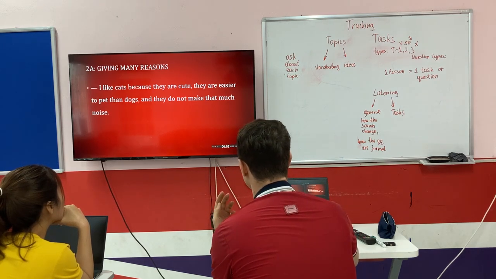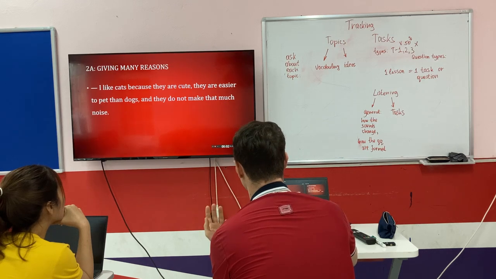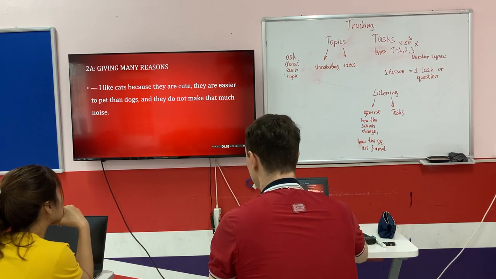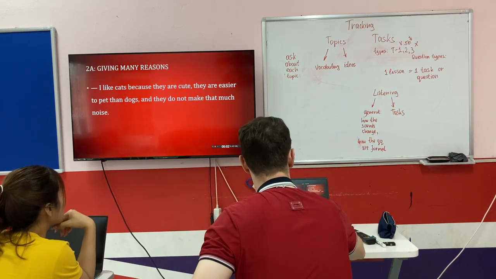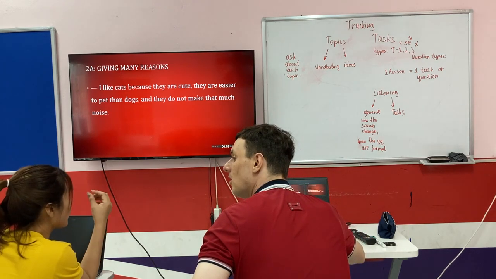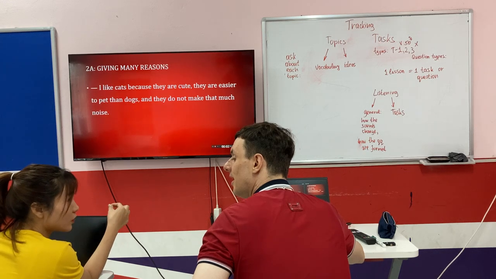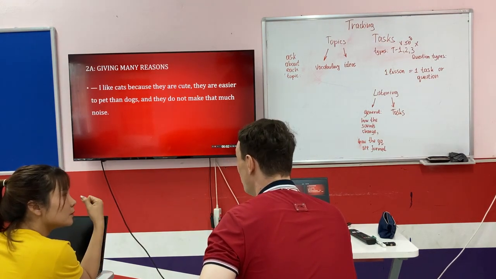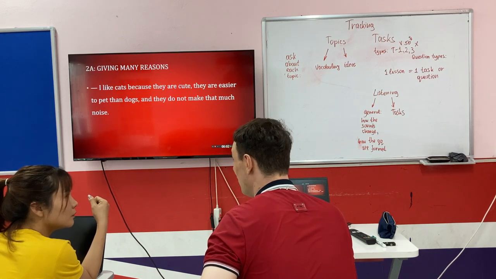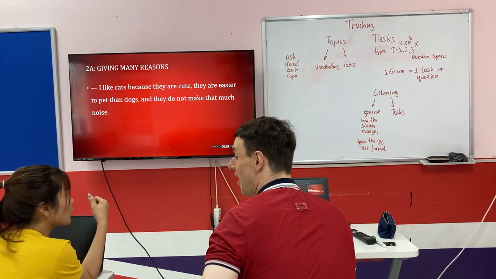For example, I like cats because they're cute, they're easier to pet than dogs, they do not make that much noise. So see, already a good answer, already a long answer. Still, we have to check whether the student understands the topic that we are going to go around. We give them ideas of what to speak about, because they usually say just yes, no. Okay, all right, one more.